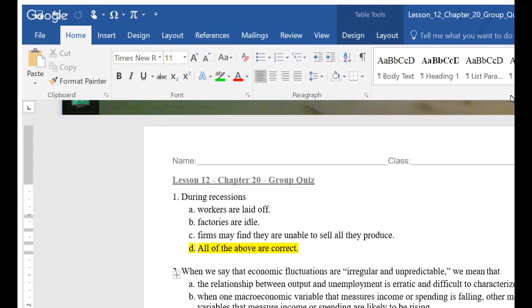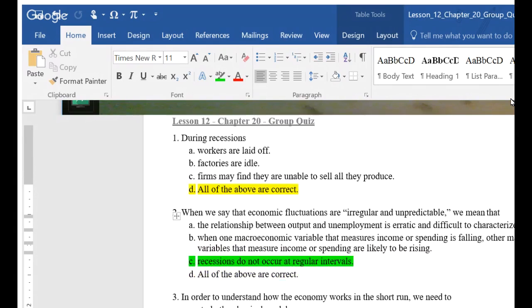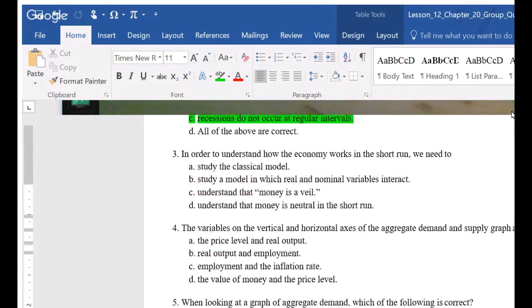Okay. In order to understand how the economy works in the short run, you need to... I got B for this one.